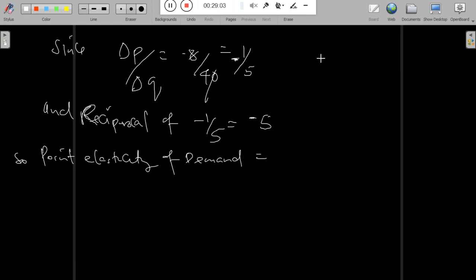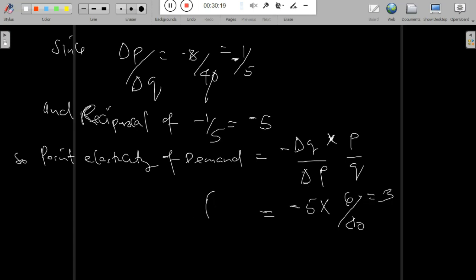So the point price elasticity of demand is given by taking the demand curve. It is given by taking negative change of Q over change of price times P over Q. Negative change of Q is given by taking the current quantity demanded minus the base year quantity.